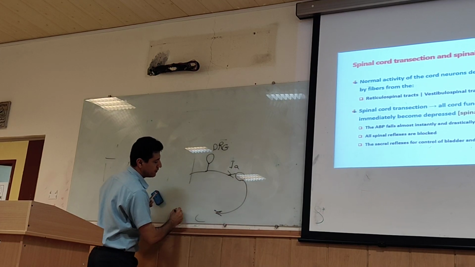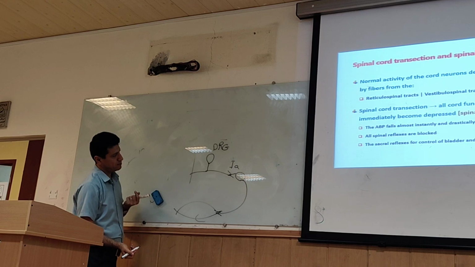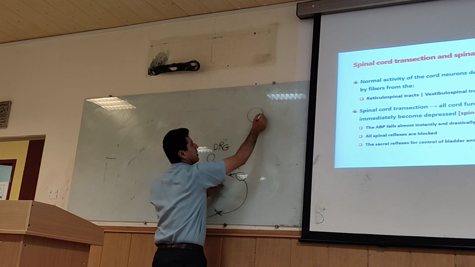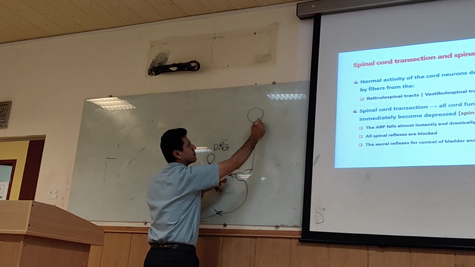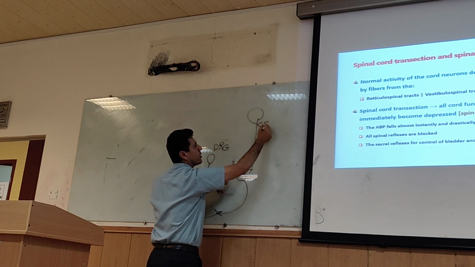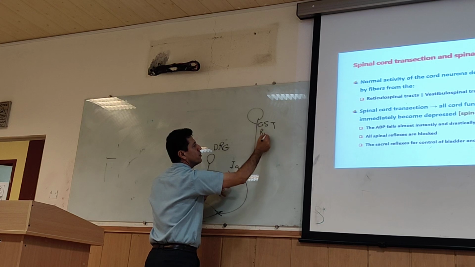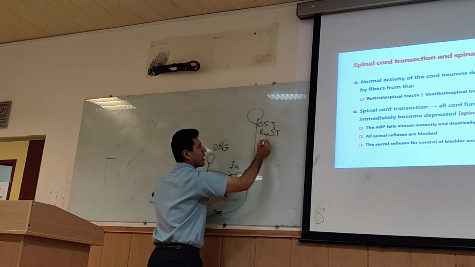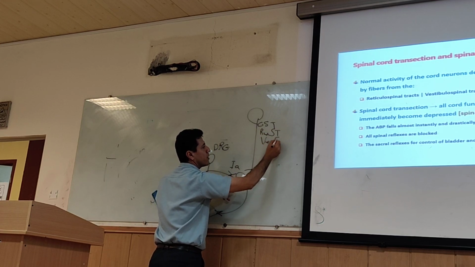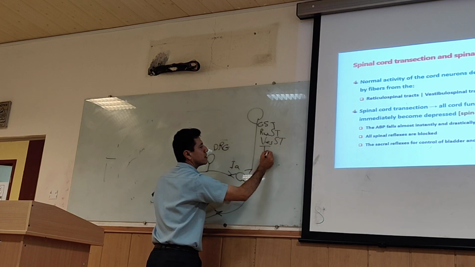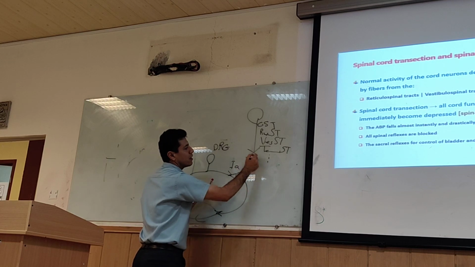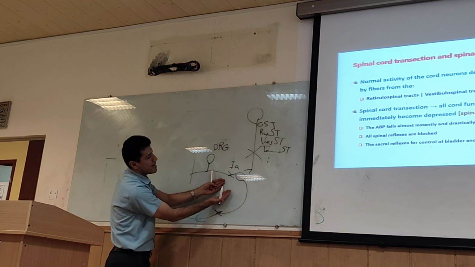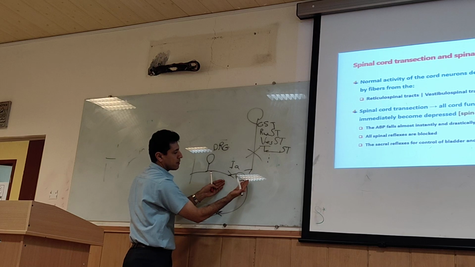Alpha motor neuron activates muscle, right? Descending pathways regulate the synapse. So from corticospinal tract, rubrospinal tract, vestibulospinal tract, tectospinal tract, and so on. They are lost now. This synapse is not activated by this descending pathway.